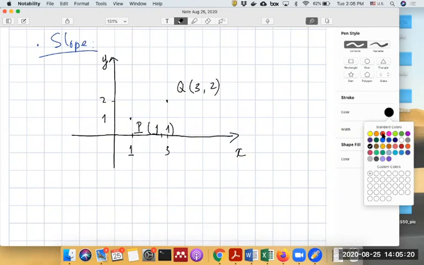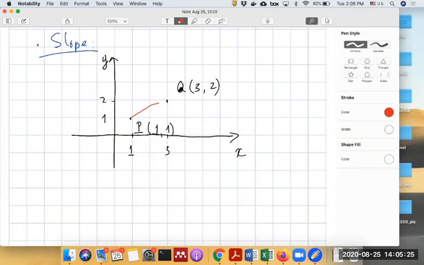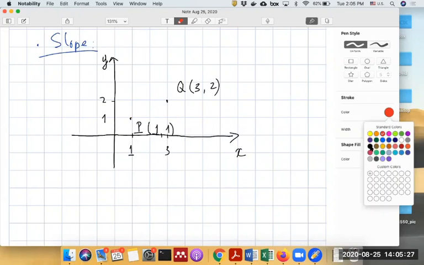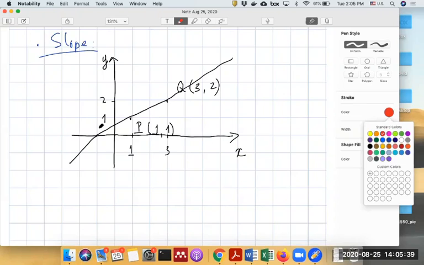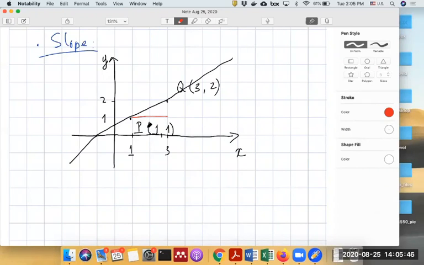So the line that goes through these points is this one, right? And here is the change in the X direction. Can you see? And here is the change in the Y direction.